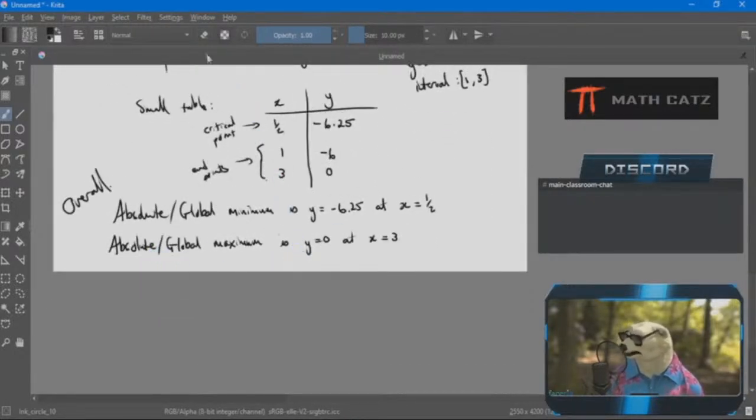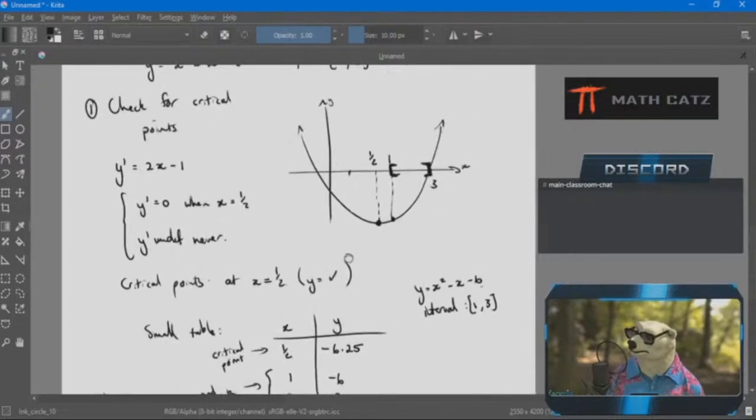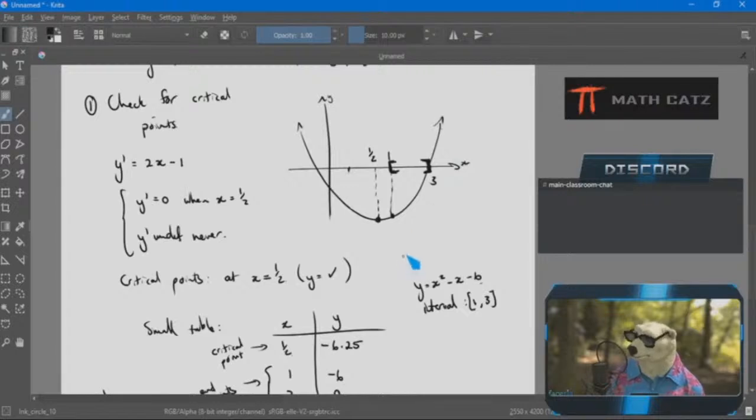And my global maximum does not exist, right? The parabola keeps going up forever. So I want to draw this distinction. I was a little bit too fast with my writing here. It's just none. There is no maximum because it goes on forever. See, the arrows go on forever.